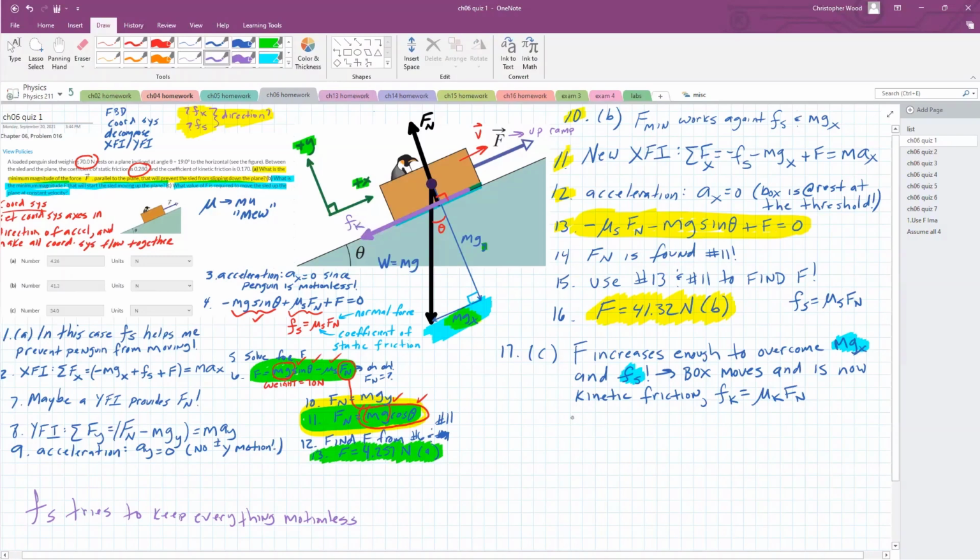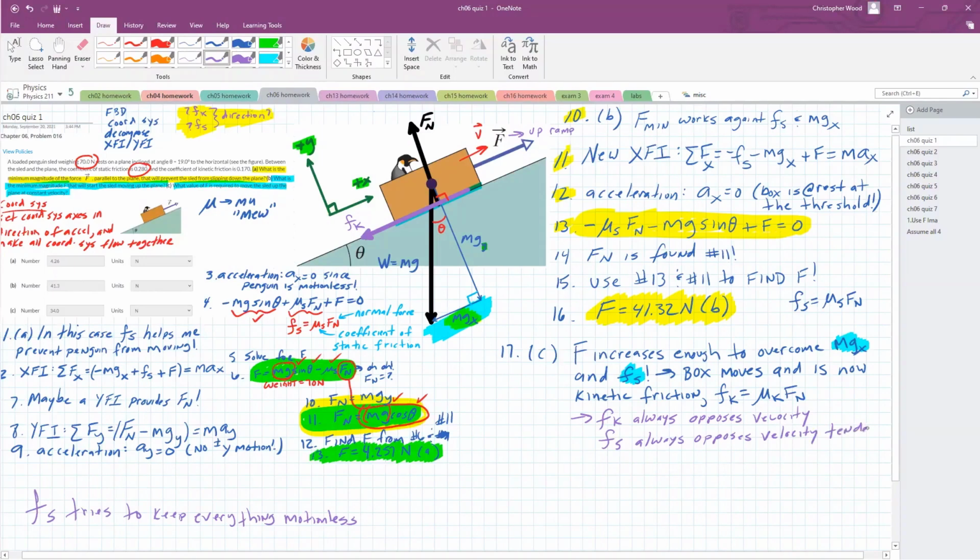And one great thing to remember about kinetic friction, F sub K: kinetic friction always opposes velocity. So if the velocity is going up the ramp, the kinetic friction is going down the ramp. And another good thing to note: F sub S always opposes velocity tendency.